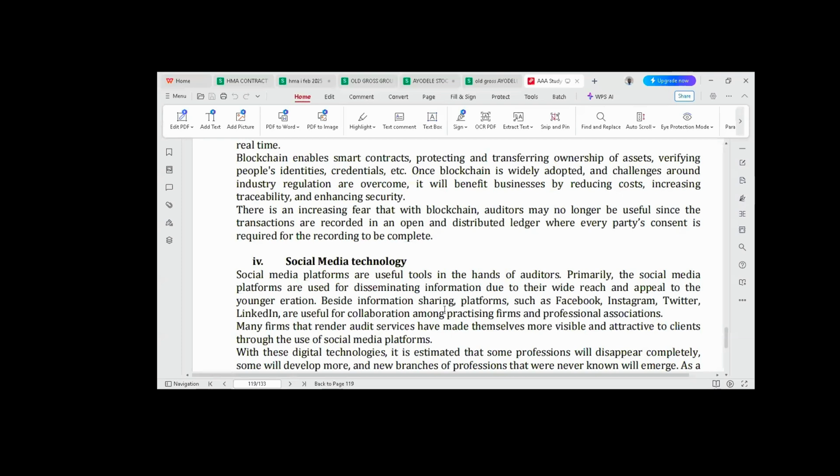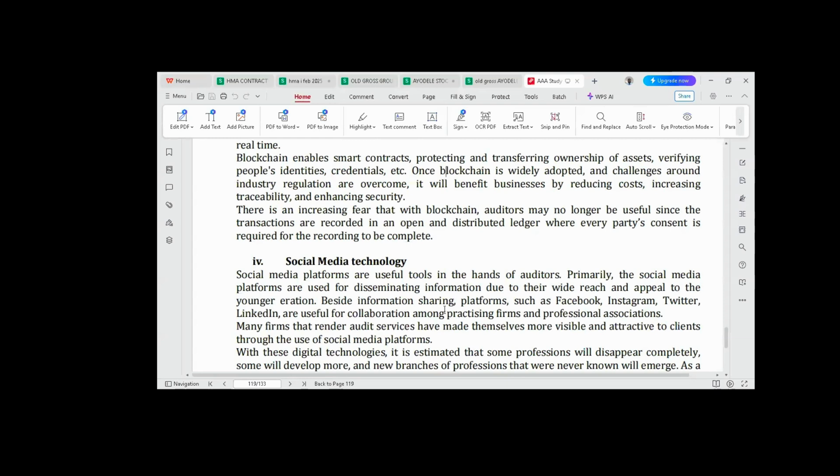So the impact this blockchain will have on the auditors is that the auditors may no longer be useful since transactions are recorded in an open and distributed ledger where every party's consent is required for the recording to be completed. Do you understand what I'm saying now?